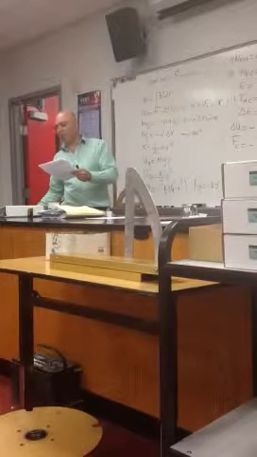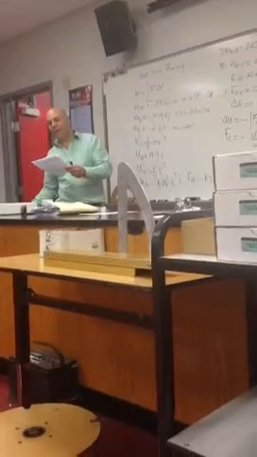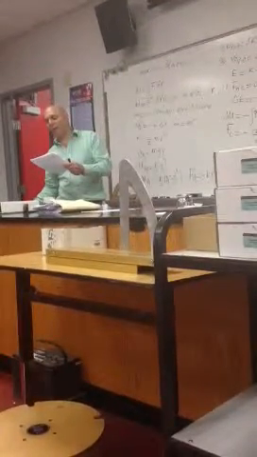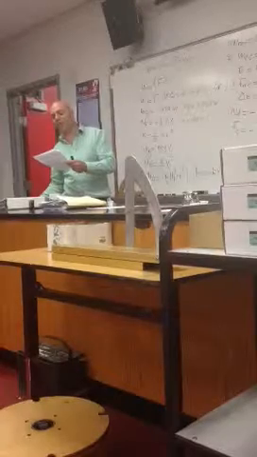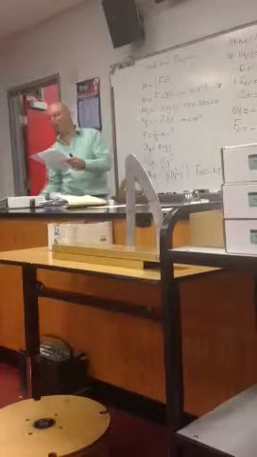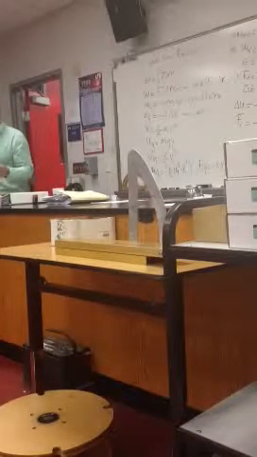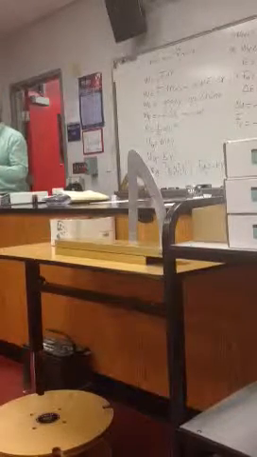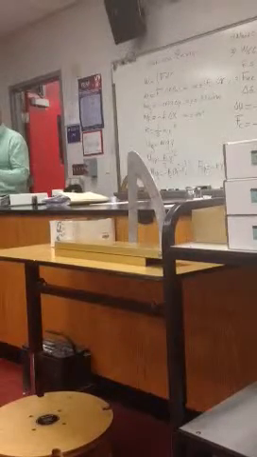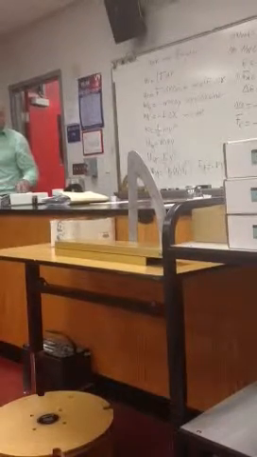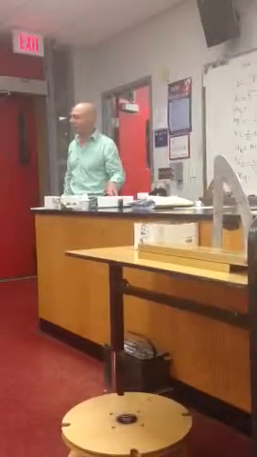The question: after the 3 kilogram mass has fallen 1.5 meters, it is moving with a speed of 3.8 meters per second. How much work is done during this time interval by the frictional force on the 2 kilogram mass? The 2 kilogram mass is the one that has frictional force, right? The 3 kilogram mass doesn't have any frictional force. They want the work done by the friction on what mass? On the 2 kilogram mass, right?